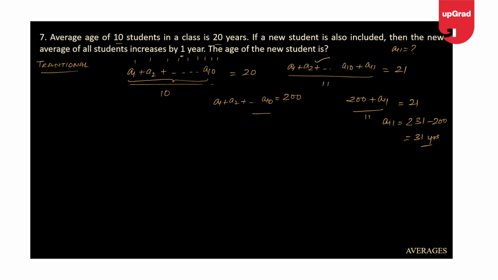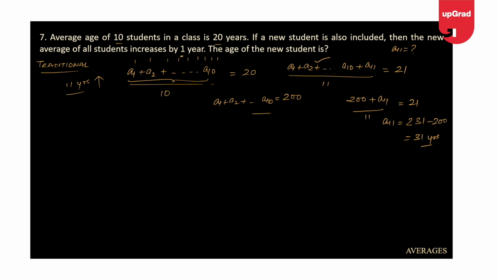That means a total of 11 years got added because of a new person joining the team. Why? Because 1 year got increased as an average, and there are 11 people, so there will be 11 years of increment.